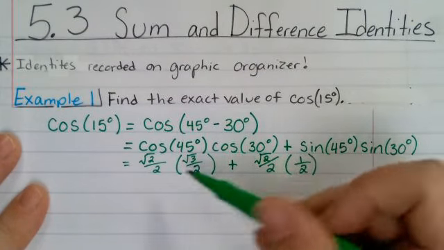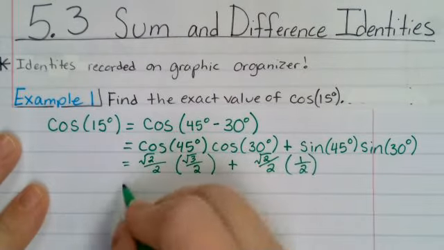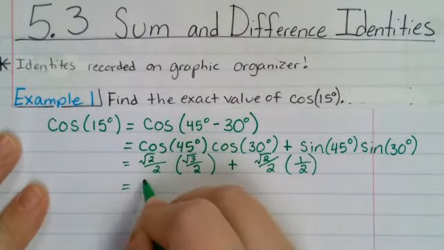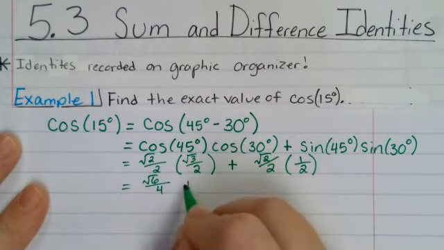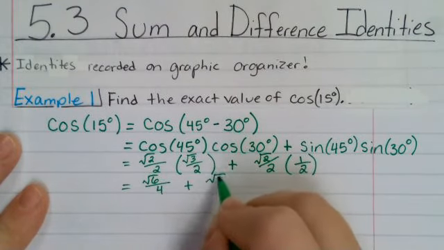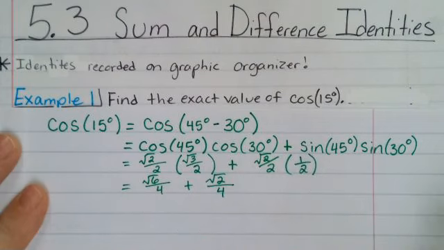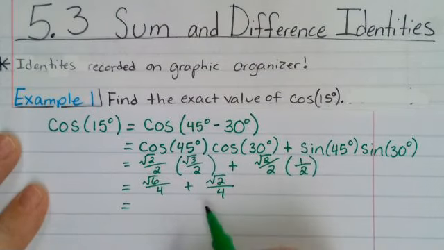Now, what's nice about this is we do end up really getting common denominators. If we multiply here, we get square root 6 over 4 plus root 2 over 4. And when you add these, you are able to just straight up add across the top because the bottoms do match.